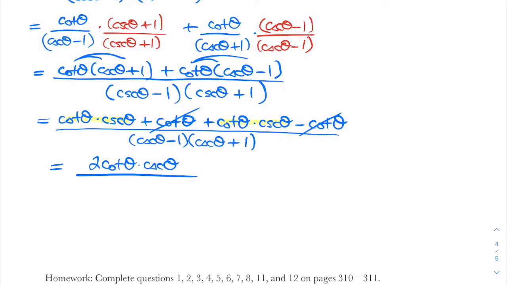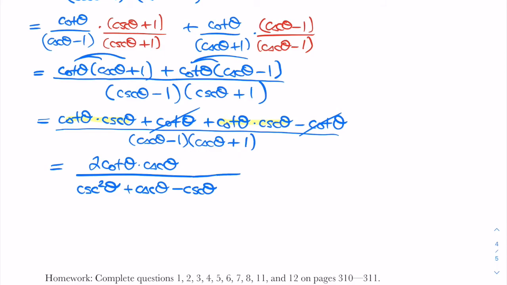Okay, what I'm actually going to do now, just to save a little bit of room, is FOIL the denominator, okay? So here we go. Cosecant theta multiplied by cosecant theta is cosecant squared theta. Cosecant theta multiplied by 1 is just cosecant theta. Negative 1 times cosecant theta is negative cosecant theta.